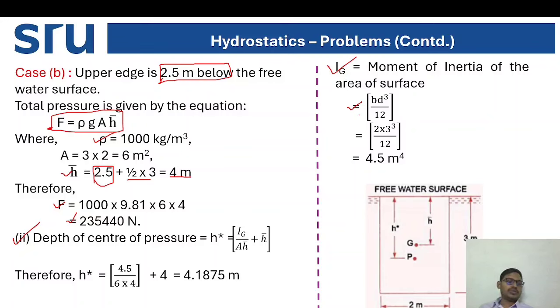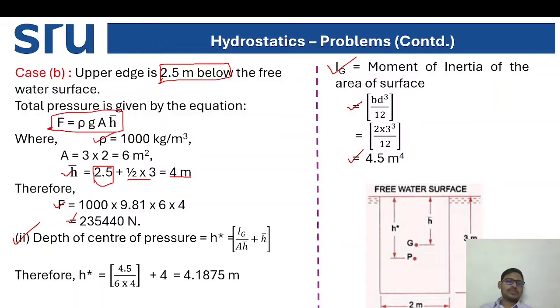B is 2 and d is 3, so 2 into 3 cube by 12, that is equal to 4.5 meter to the power 4.